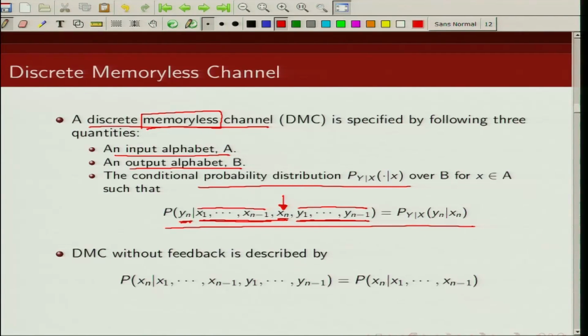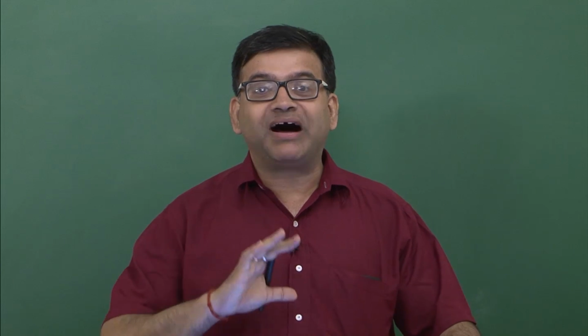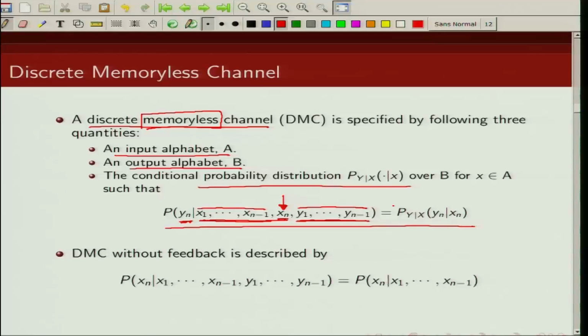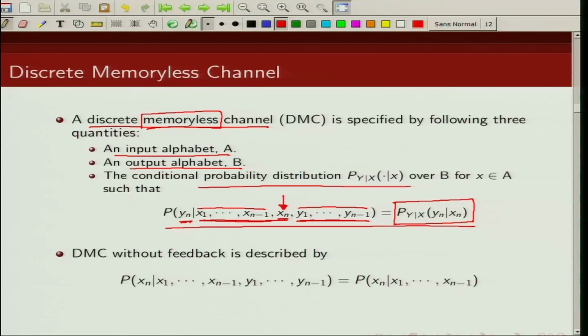So for a memoryless channel, the probability of y_n given past values of y's or past values of x only depends on the current value of x. So the probability of y_n given x_1, x_2, up to x_n, and y_1 to y_{n-1} only depends on the probability of y_n given x_n. Now we define a discrete memoryless channel without feedback as follows.